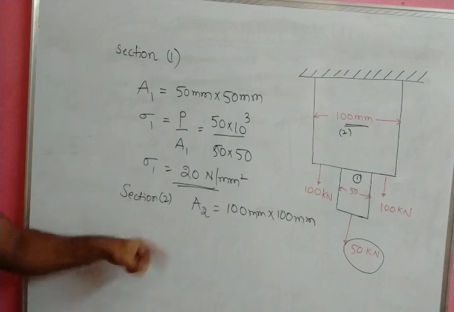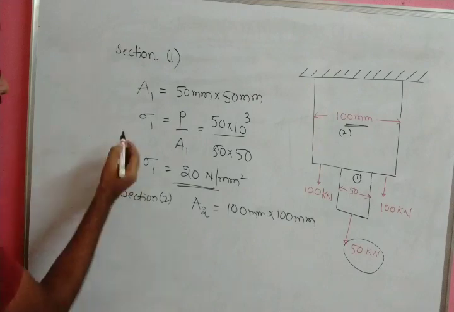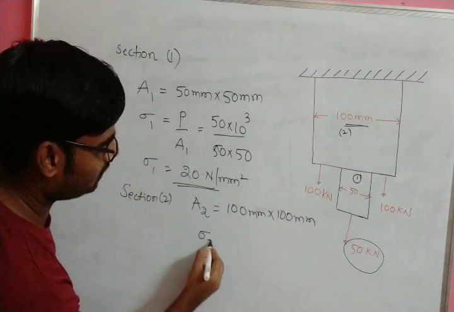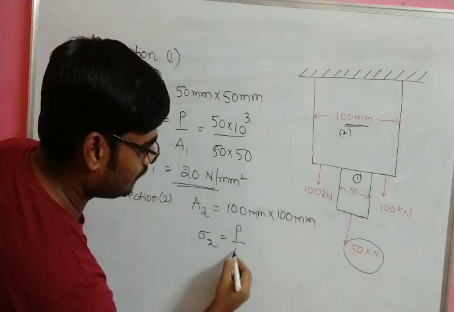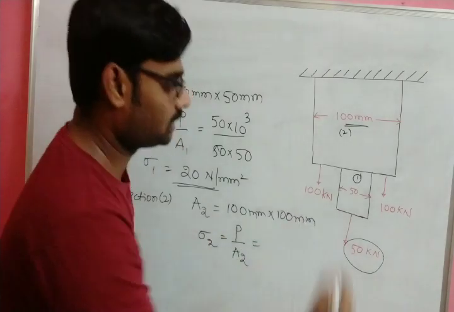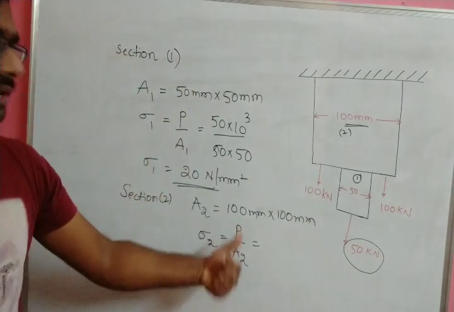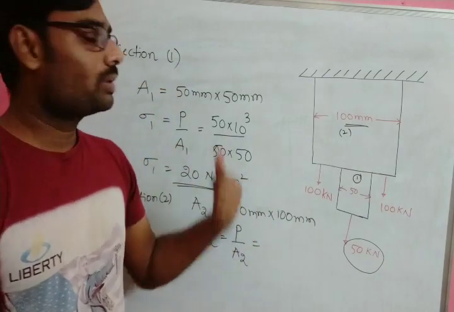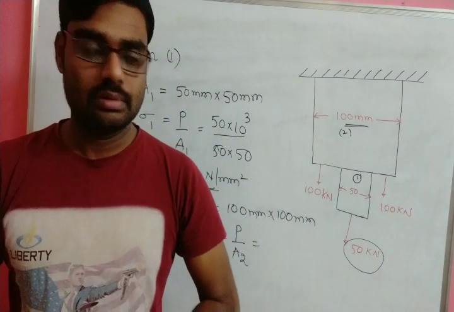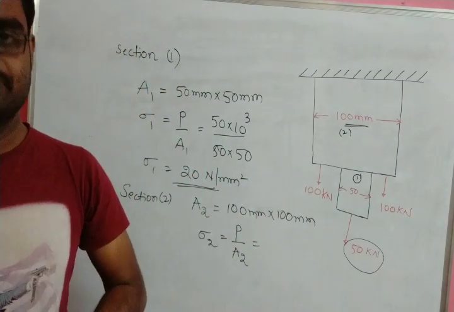Then how to find out the stress? Just use the stress formula: sigma 2 equals P by A2, where A2 equals 100 mm into 100 mm because it is a square cross sectional area. Then what is the value of P?